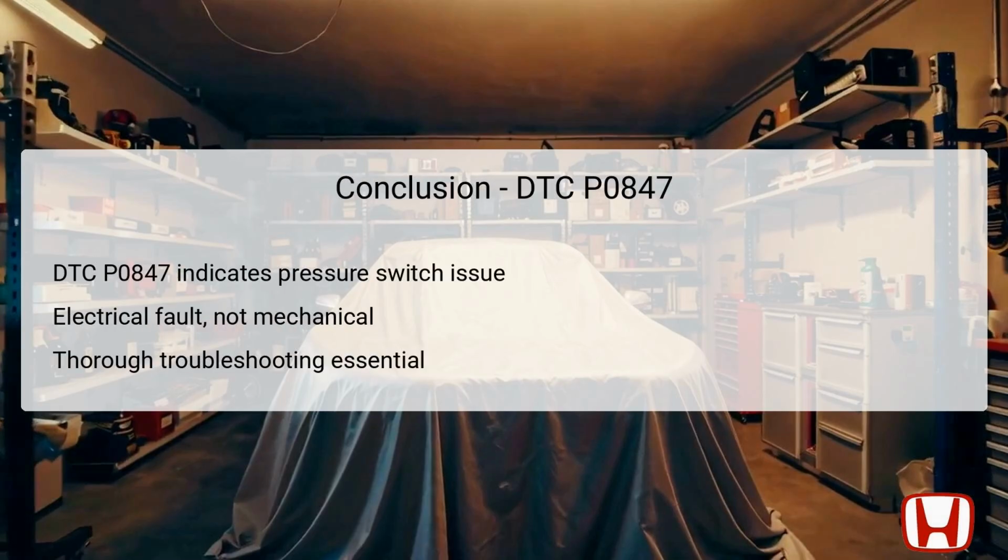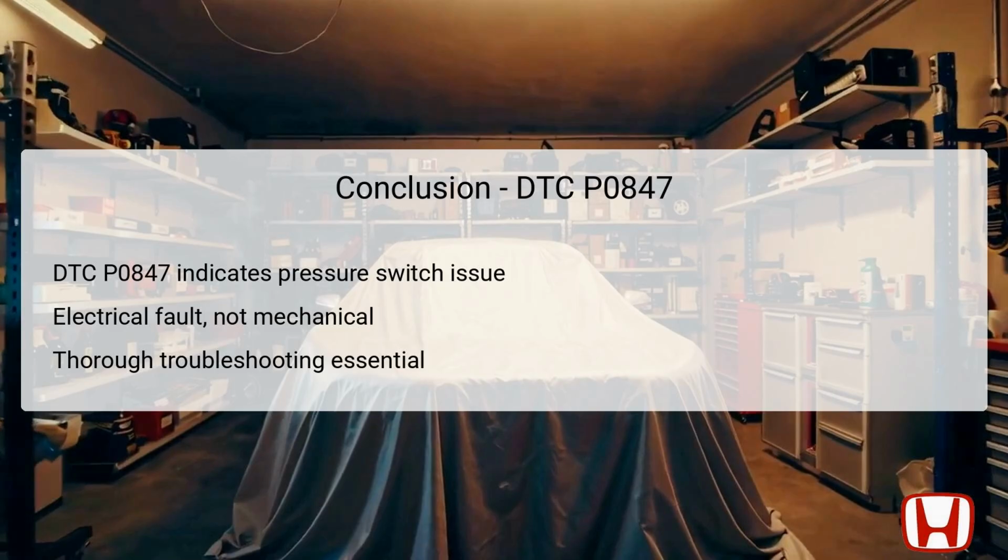In conclusion, DTC P0847 reveals significant issues related to the transmission fluid pressure switch B, emphasizing the importance of both electrical integrity and systematic troubleshooting. Understanding that this problem stems from electrical faults, not mechanical issues, clarifies how to approach repairs.